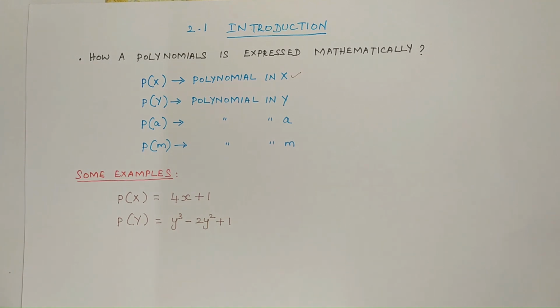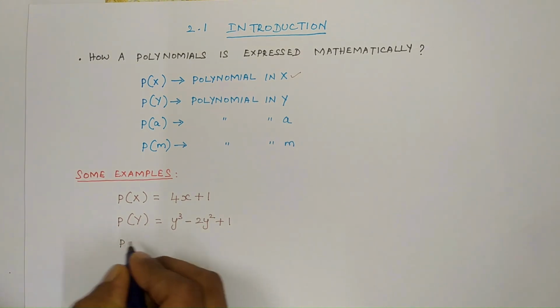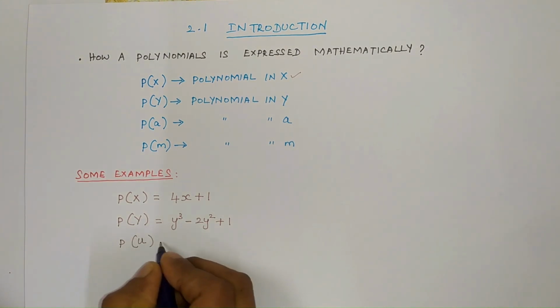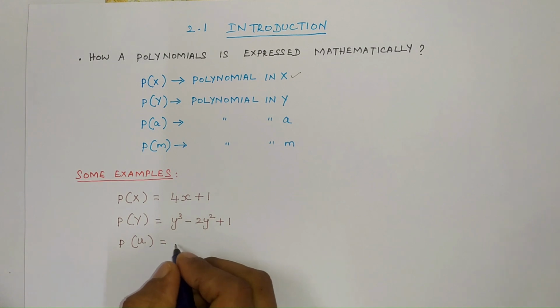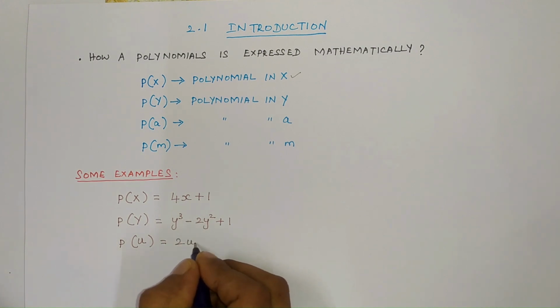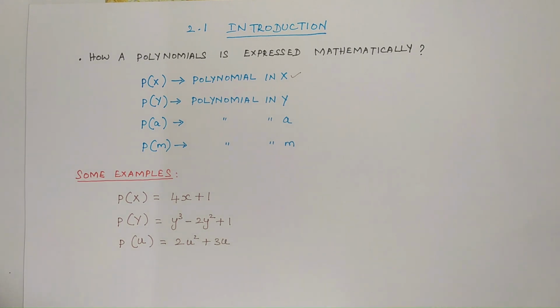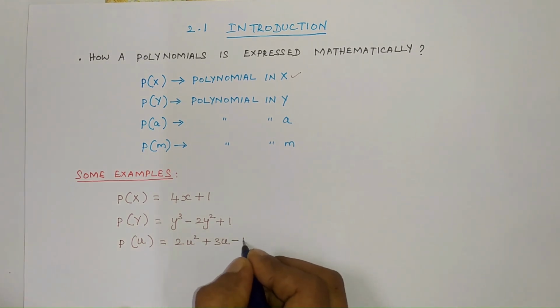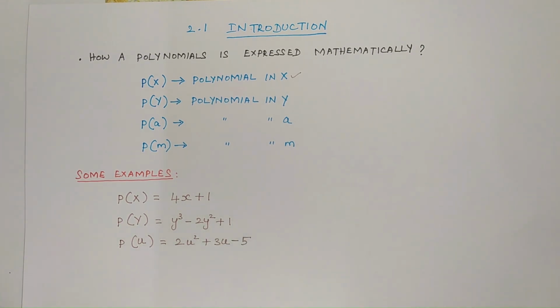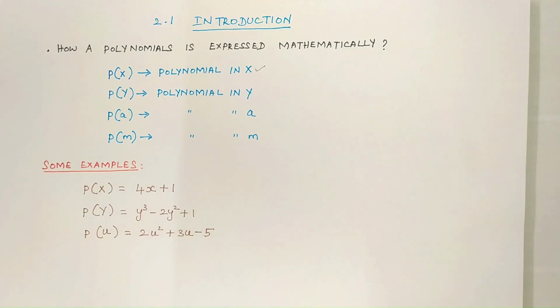Okay, or I can have a polynomial p of u is equal to 2u square plus 3u minus 5. So these are some examples of a polynomial.